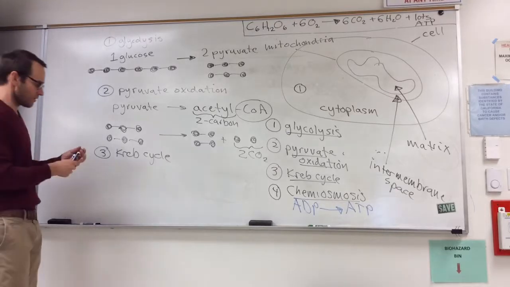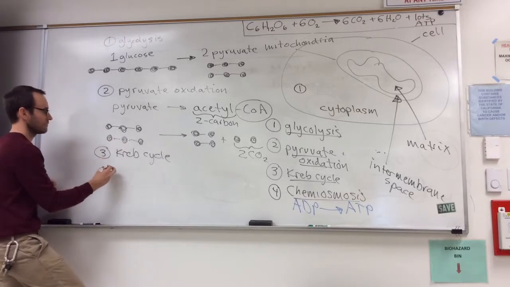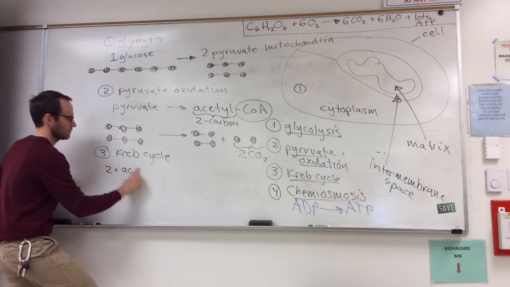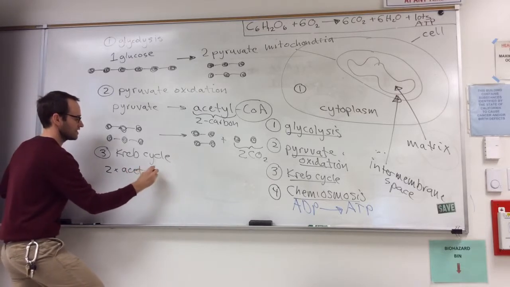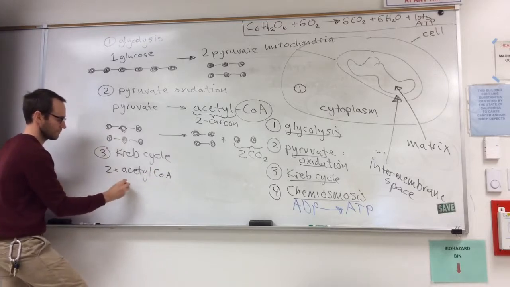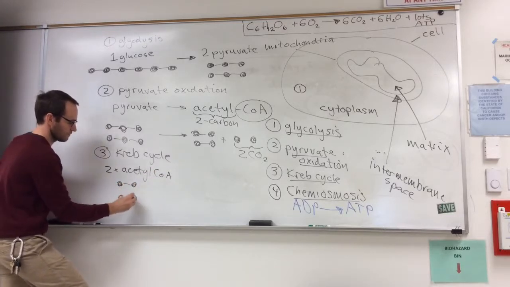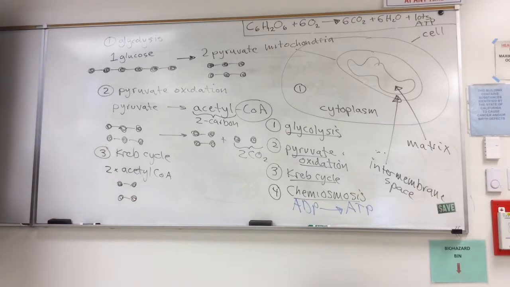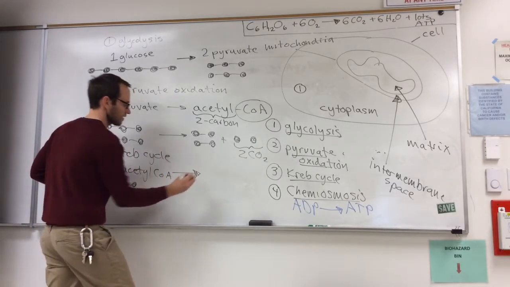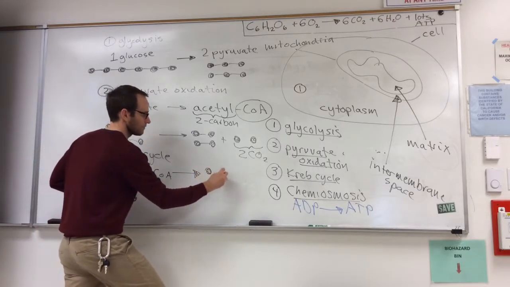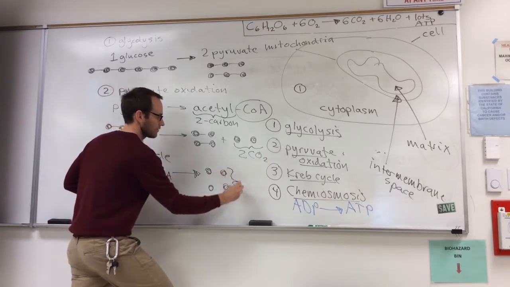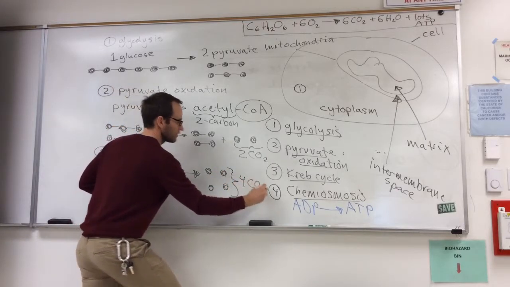So in the Krebs cycle, we take our 2 acetyl-CoAs, and we release 4 CO2s.